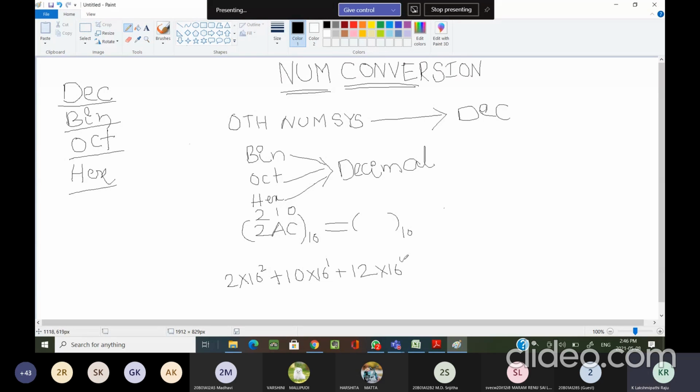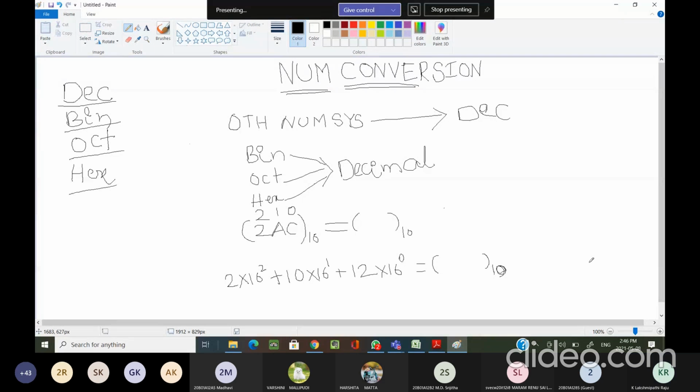If you sum all these values, we are going to get the final result as a decimal number. Now please do the calculation and tell me the final decimal number.